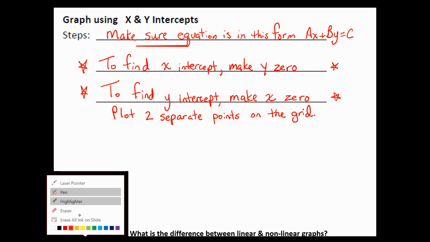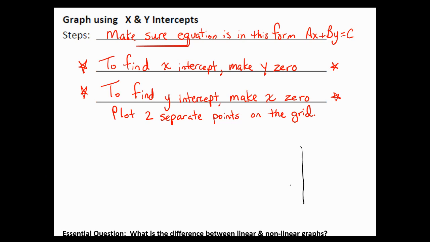And now I'm going to talk real quickly about what the intercepts are in case you don't remember. So you don't need to draw this right now. I'd just like you to listen for a minute. So here's the x-axis, here's the y-axis. If you have a dot right here, that's called the x-intercept dot because it's on the x-axis.